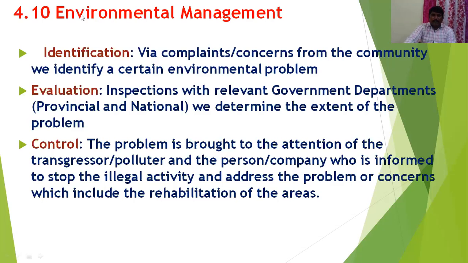And next is control. The problem is brought to the attention of the transgressor, the polluter, and the person or company is informed to stop the illegal activity and address the problem or concerns, which include the rehabilitation of the areas.